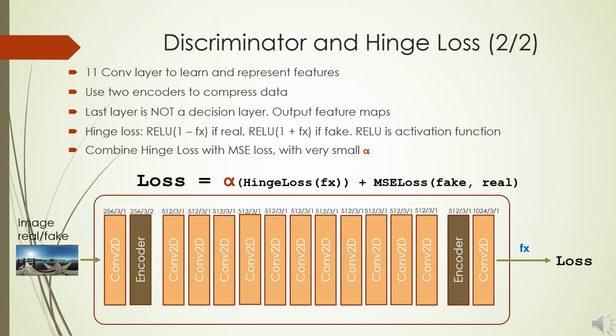The mean square error loss's main role is to maintain the overall structure of the image and prevent distortion, while the hinge loss can enhance the realism of the output image. The structure of the discriminator includes 13 convolutional layers, colored in orange, and 2 encoders. The encoder basically compresses the feature maps and improves the feature representation power of the network.